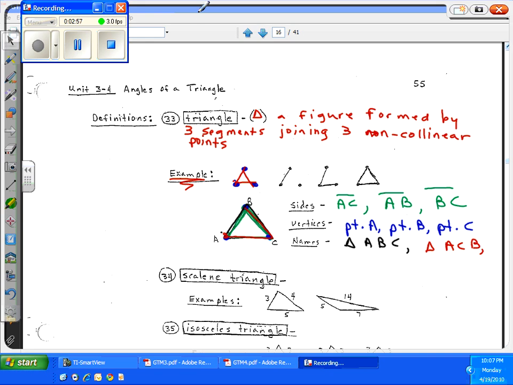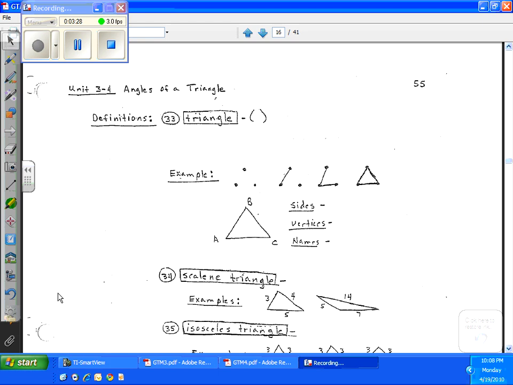We could start at B and say BAC, or we could say BCA, or we could say CAB, or we could say CBA. So there's 6 different ways that we could have named that triangle. Okay?